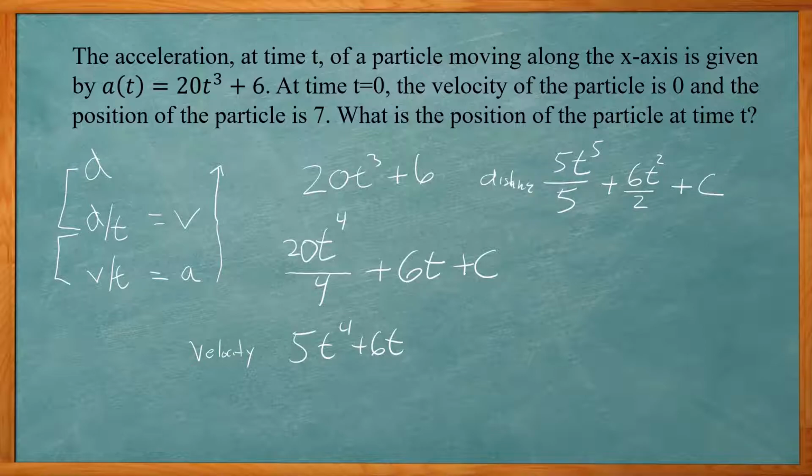And at t equals 0, our position is 7, so c is 7. So 5 over 5 reduces to 1, so t to the 5th power plus 3t squared plus 7. Okay, so that would be our position of the particle at time t.